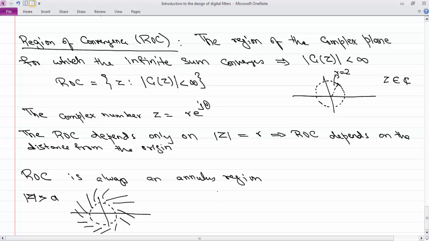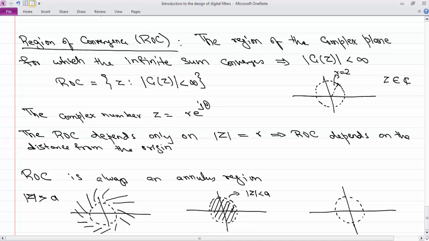The other case could be that the region of convergence includes everything inside a circle. The region of convergence in that case is given by the absolute value of z less than some number a. Or the third case could be that the region of convergence is the donut-shaped area between two circles.